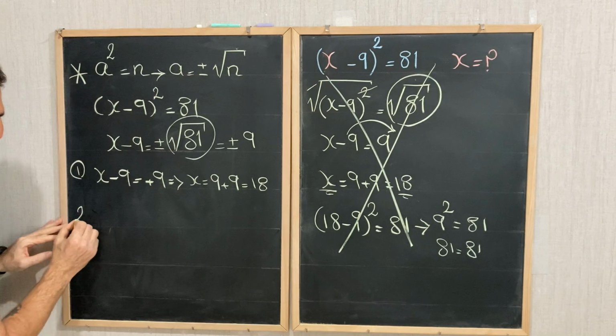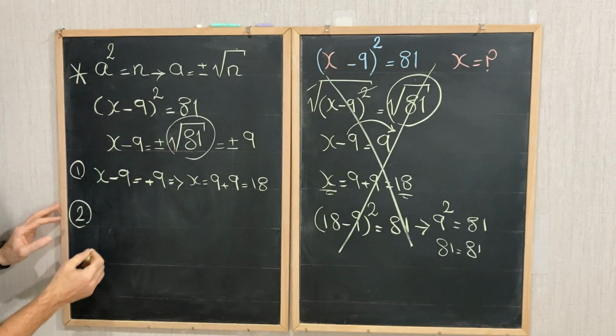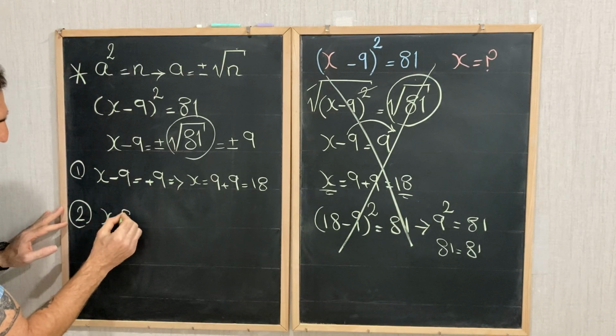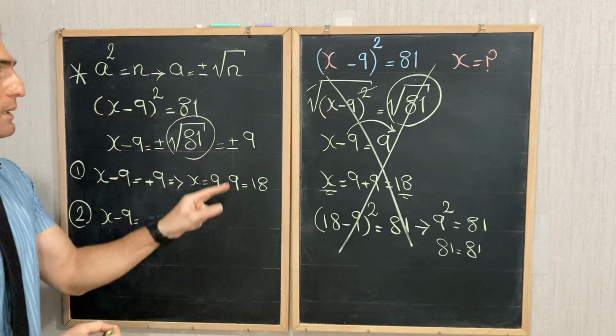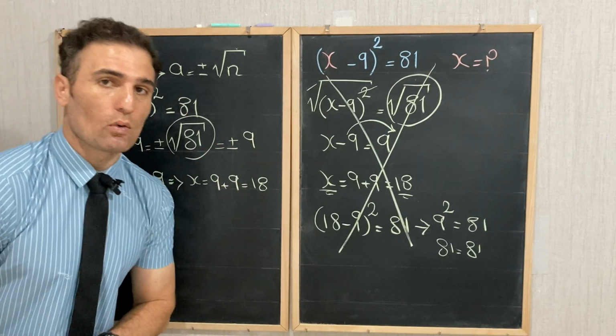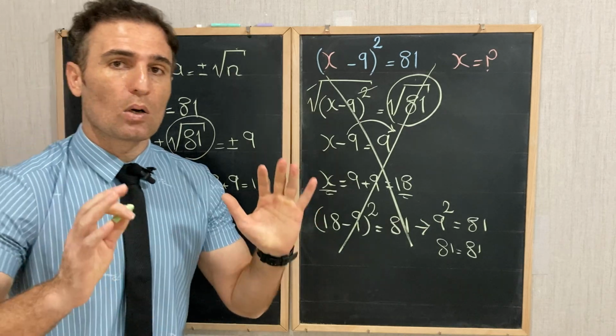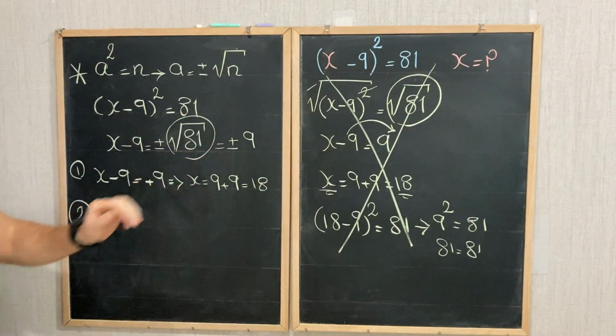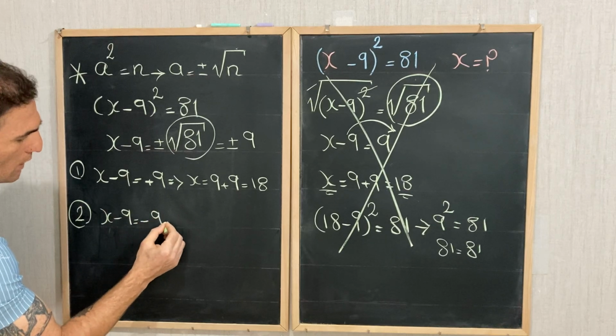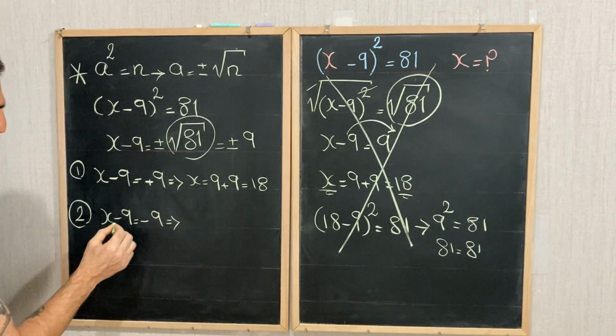As the next answer, we can write x minus 9 is negative 9. Do not forget this negative 9 if you want to find the correct answer. x minus 9 is negative 9. But what is the value of x?